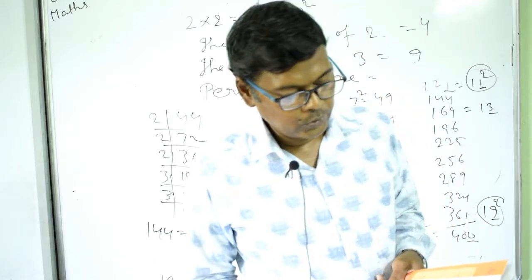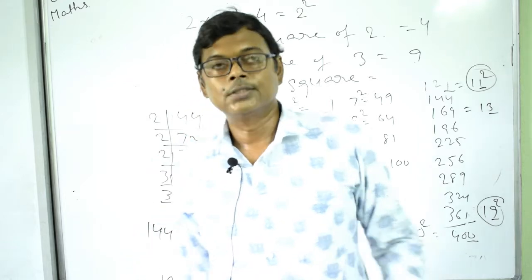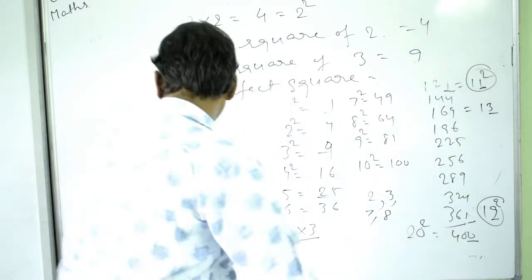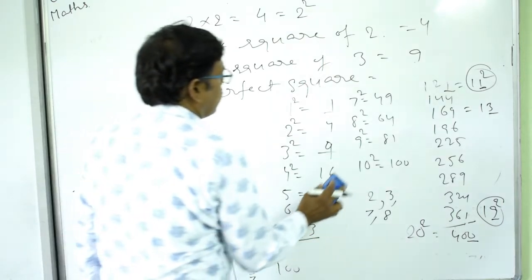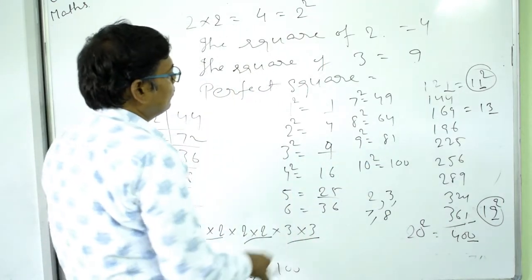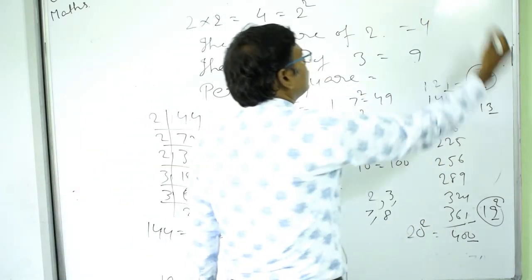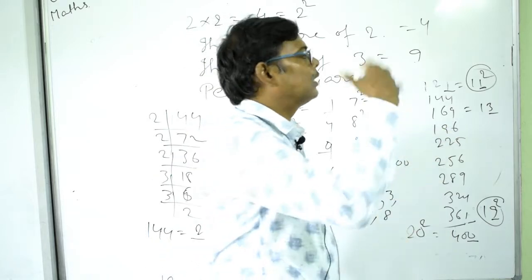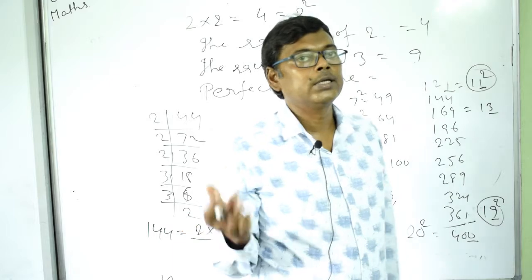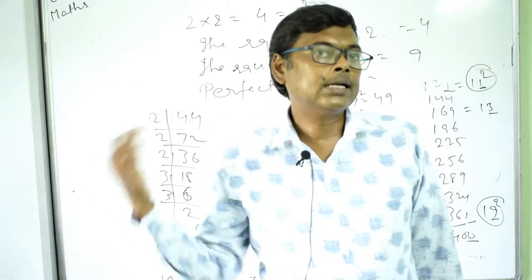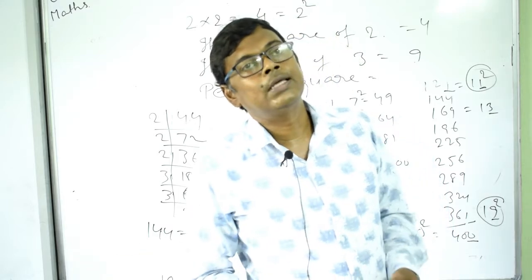And also you have other properties. For example, the square of a number ending with 2 or 8, and these are very simple things, because from this you can say, for example, if you square 36, then the number which you get after squaring 36, the digit at the units place we can say very easily.